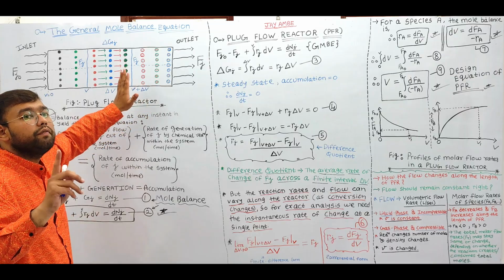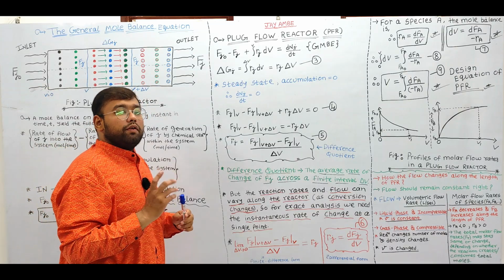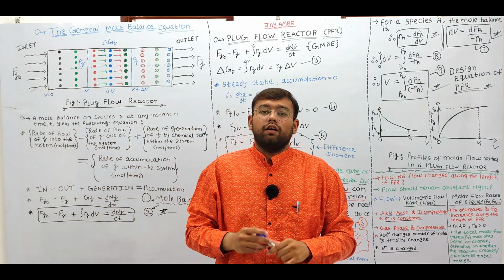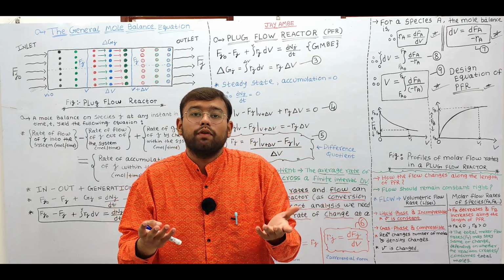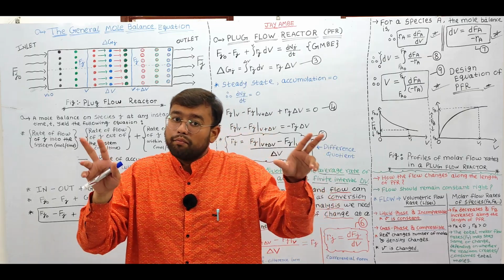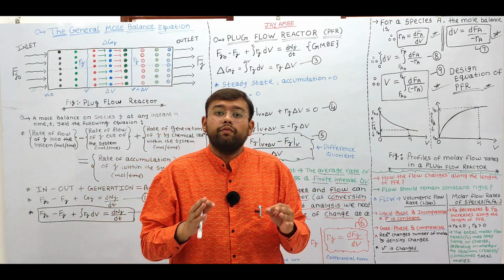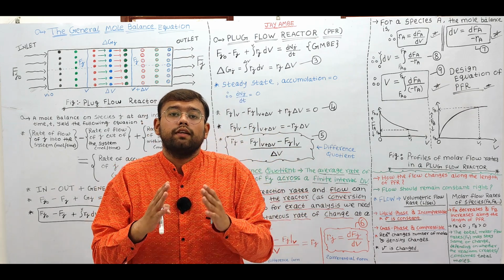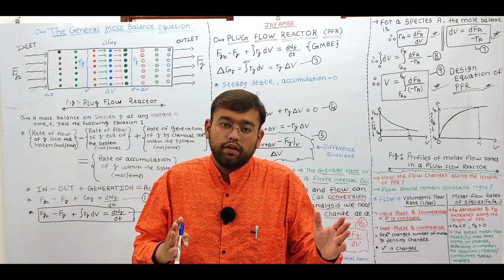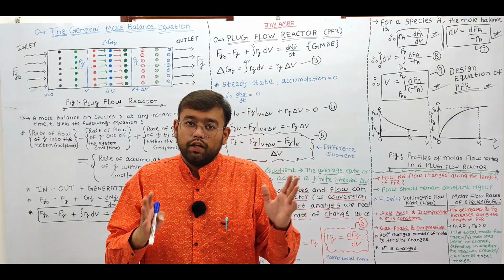If we have a liquid phase reaction with fluids that are not compressible, that is, incompressible fluids, what does incompressible mean? Incompressible fluids are those whose density doesn't change with the progress of time or along the reactor.